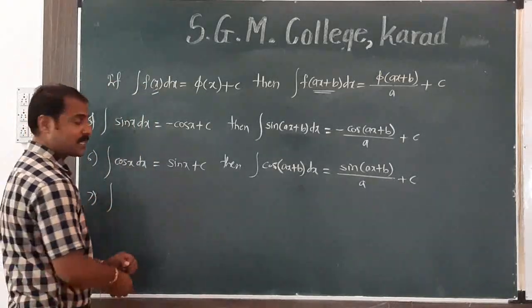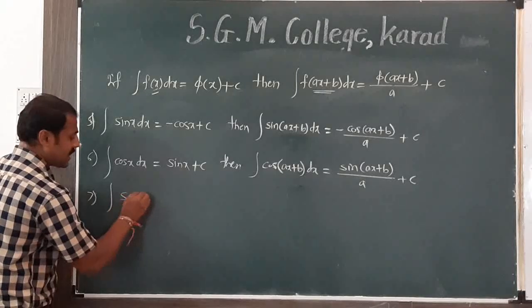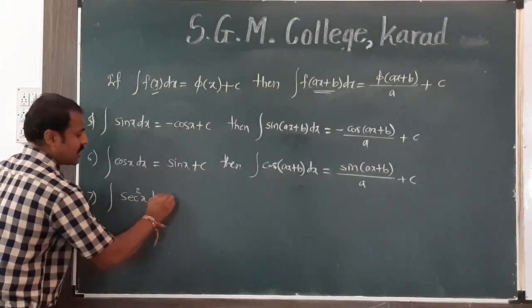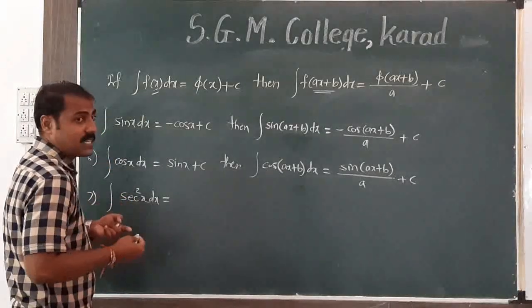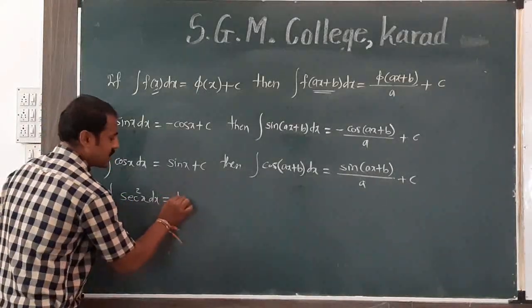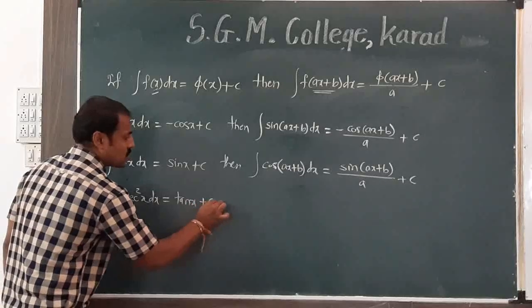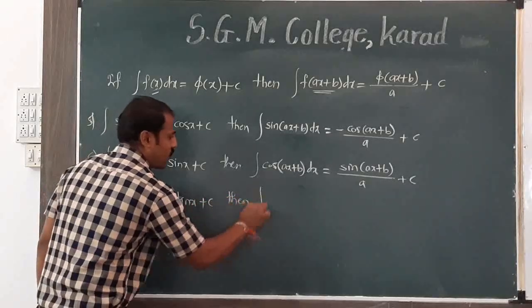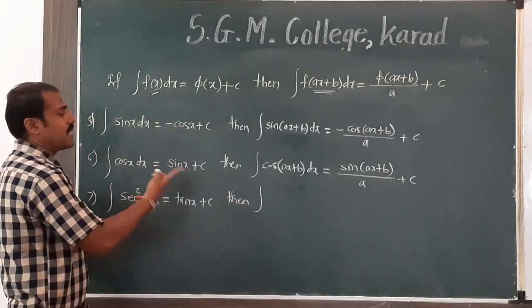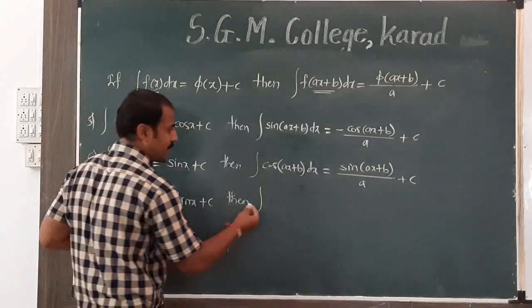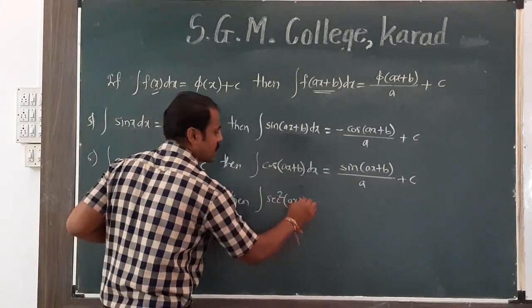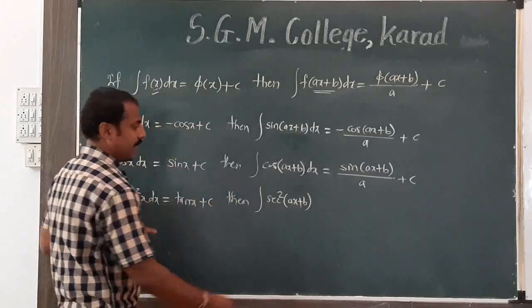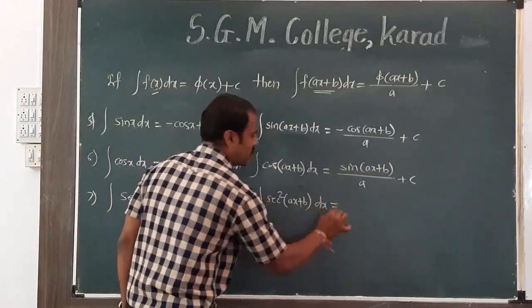Next, seventh formula. We know that integration of sec square x dx is tan x plus c. So if we replace x by a linear expression, we get integration of sec square of ax plus b dx is equal to.